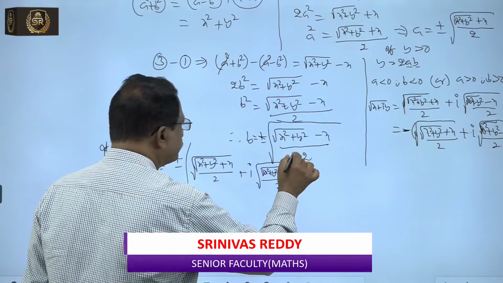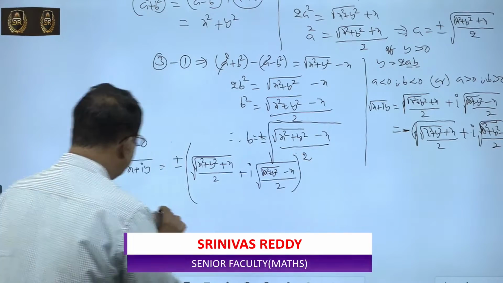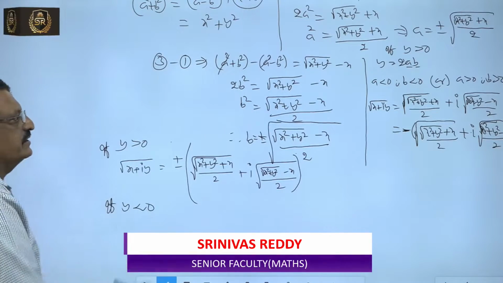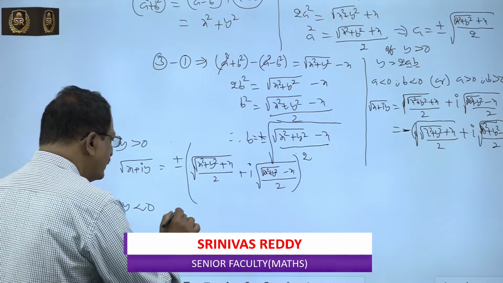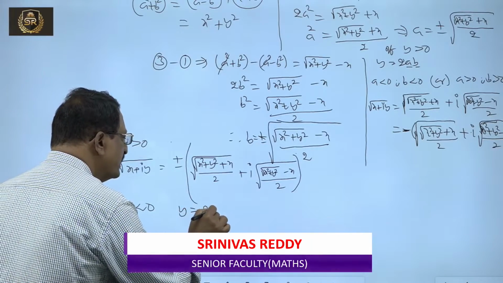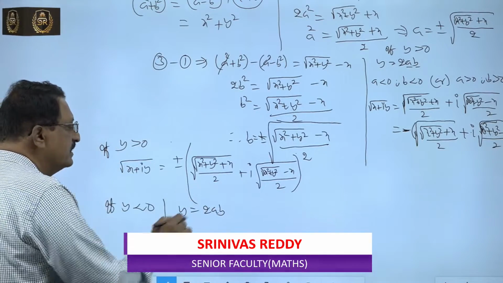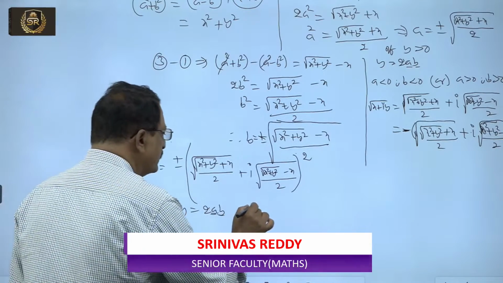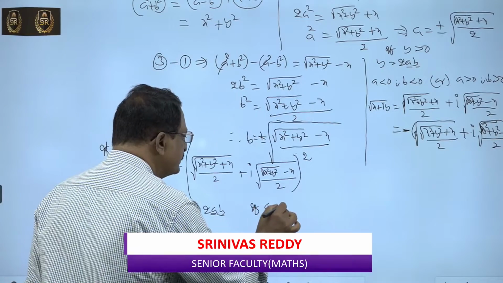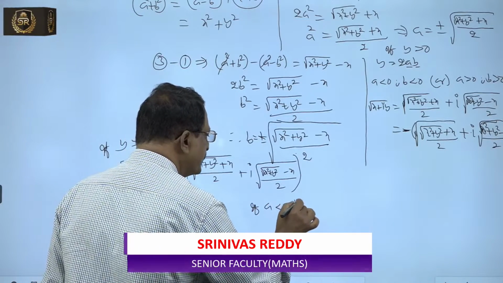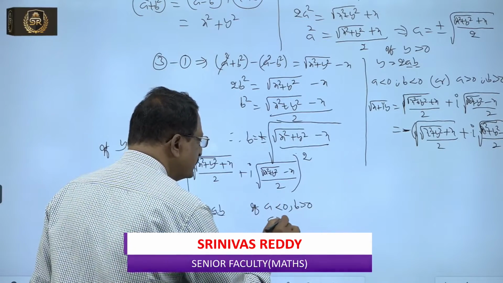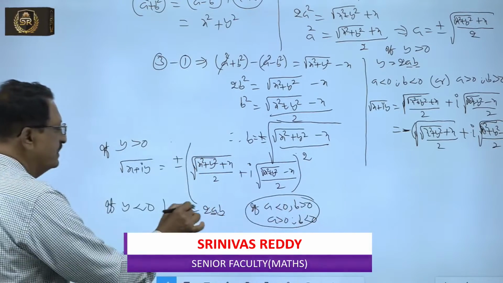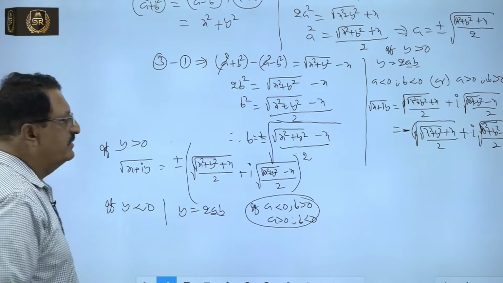Next, if y is less than 0, y is a negative value, but the value of y equals 2ab. In that case, a and b, one is positive and the other is negative. If a less than 0 and b greater than 0, or a greater than 0 and b less than 0, only that is possible, since y is negative.